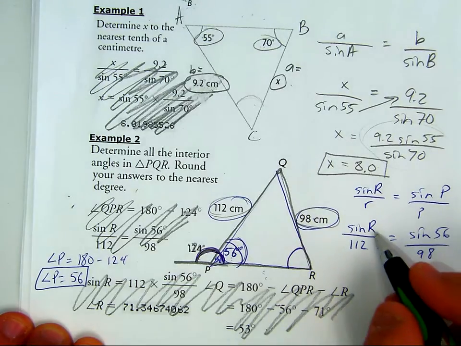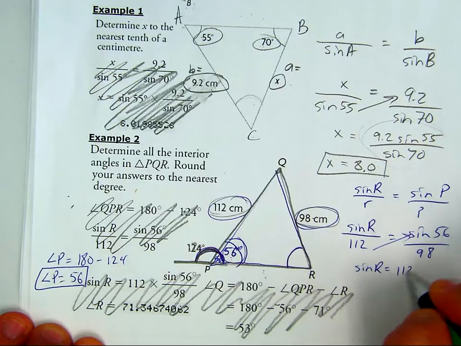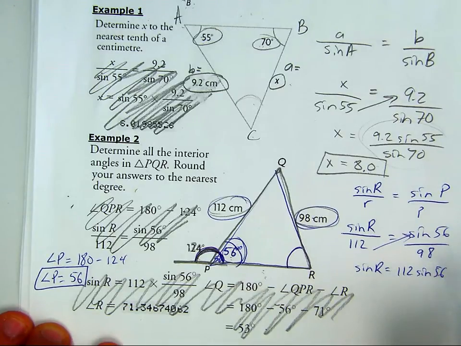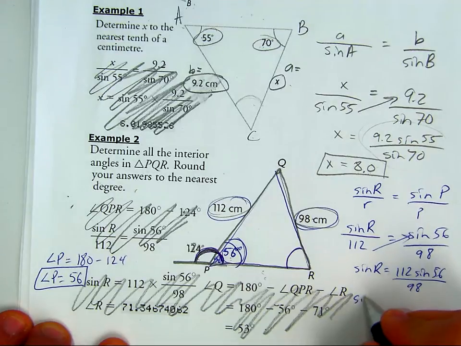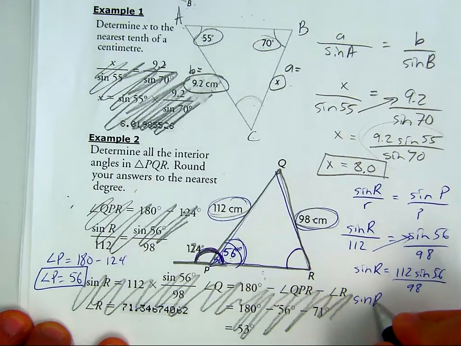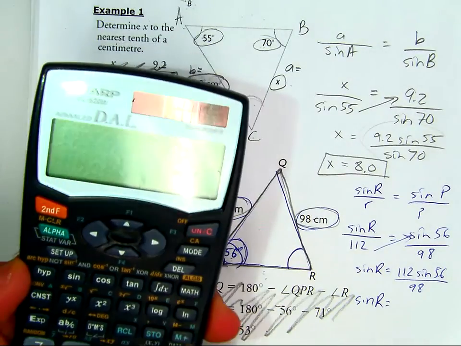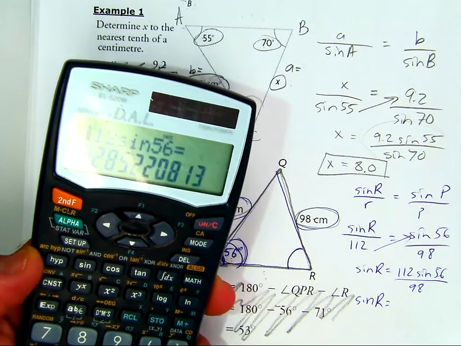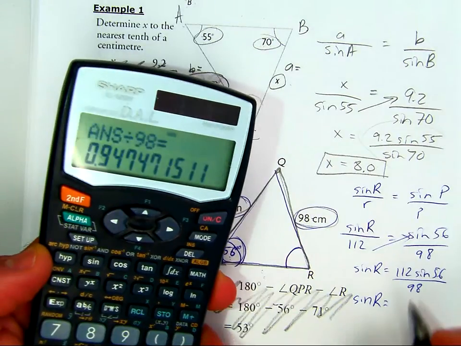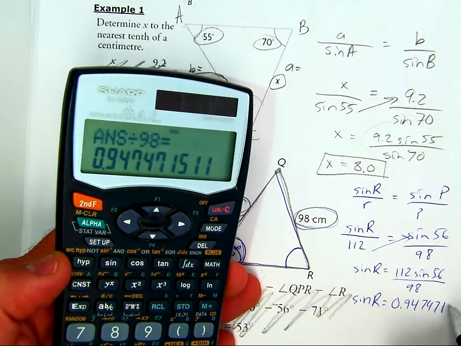Continuing this, I'm trying to solve for R, so I will cross multiply the 112. So this is sine of big R is equal to 112 sine of 56, all over 98. I'm going to first figure out what this part is, 112 sine of 56 divided by 98, and I get sine R is equal to 0.9474171511.